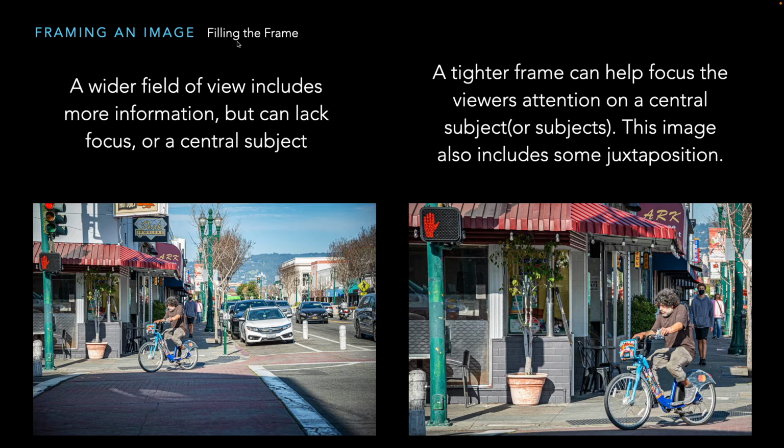So sometimes photographers, when they start out, or in general, might have a tendency to be a little far back, a little bit unfocused in what they're showing in the composition or in the frame. And so it can lack a central character or a central focal point, as it's also called, right?